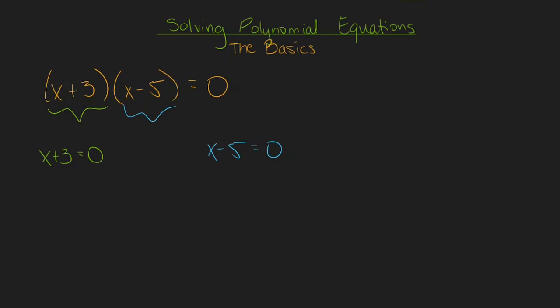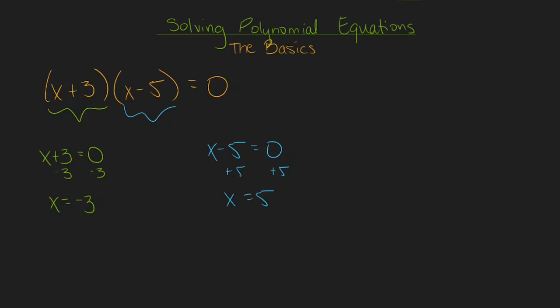So in the green equation, I see that I have to subtract 3 from both sides. That gives me x equals negative 3. In the blue equation, I see that I have to add 5 to both sides. That will give me x equals positive 5. These two values then, negative 3 and 5, are our solutions, or roots, or zeros, whichever name you want to use.